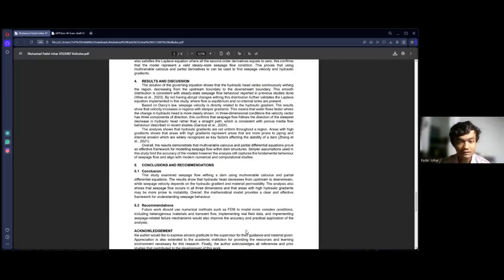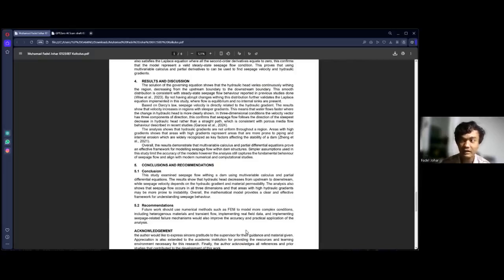Overall, the results demonstrate that multivariable calculus and partial differential equations are an effective framework for modeling seepage flow within dam structures. The simple assumptions used in this study limit the accuracy of the models. However, the analysis still captures the fundamental behavior of seepage flow and aligns with modern numerical and computational studies.